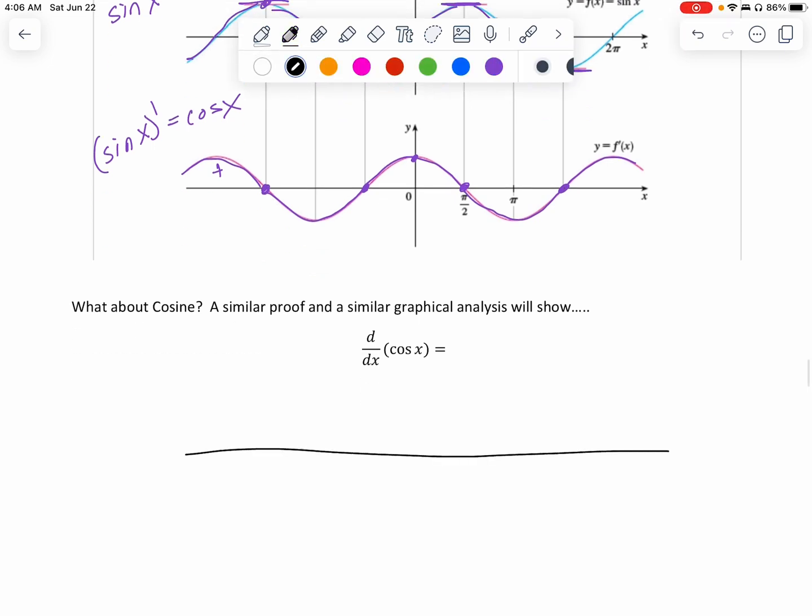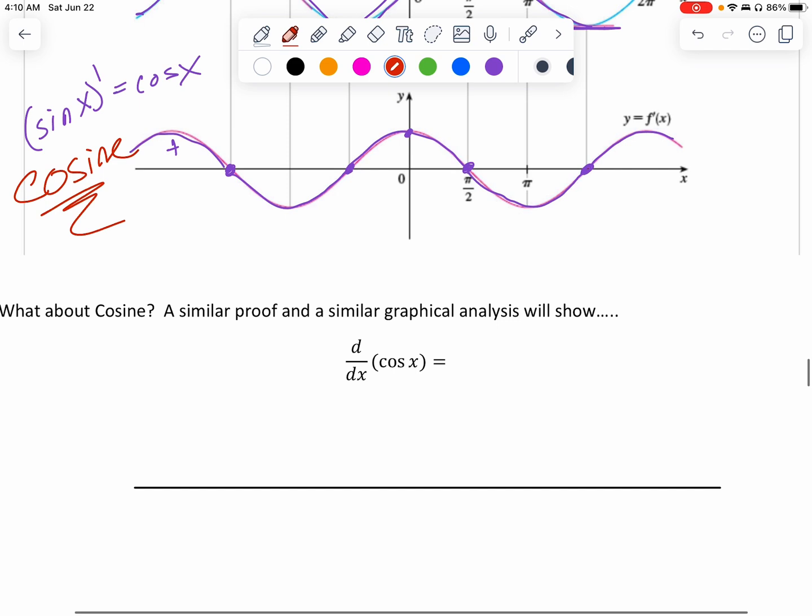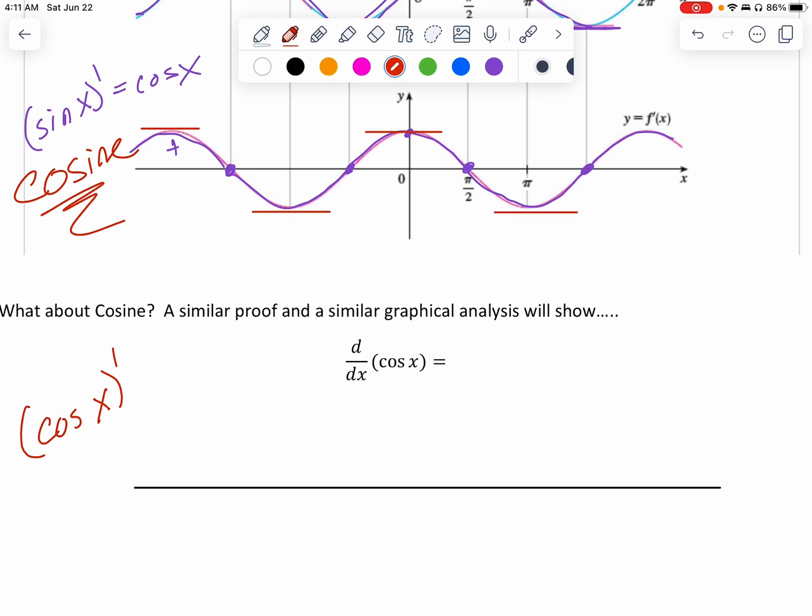So let's draw another curve, like the one above. We can actually just think about this function not as the derivative of sine, but as cosine itself. Okay, this is the cosine curve. So looking at cosine and finding the derivative of cosine. Whenever cosine has a horizontal tangent line, that should correspond with a 0 on its derivative function.